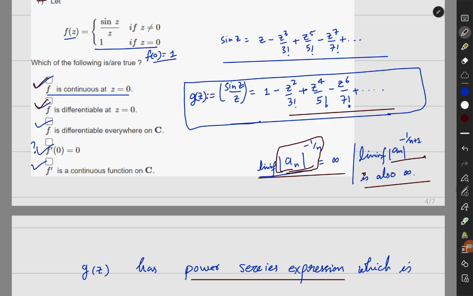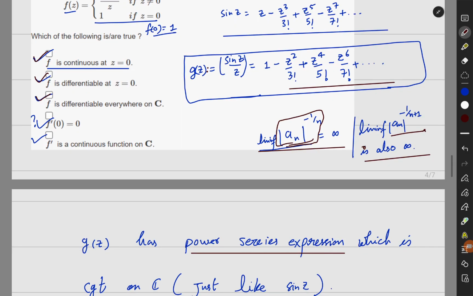f is differentiable at 0, of course true. f is differentiable everywhere on C. This is what we just saw, that f is equal to g and g is differentiable everywhere. So the first three options are fine. What about the last two?